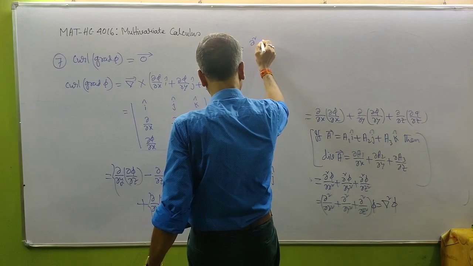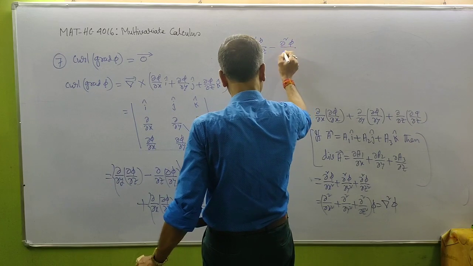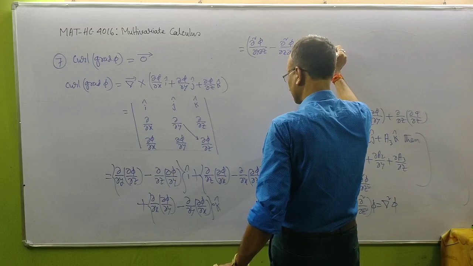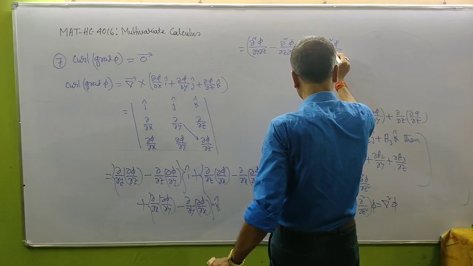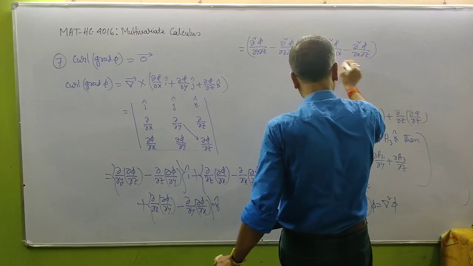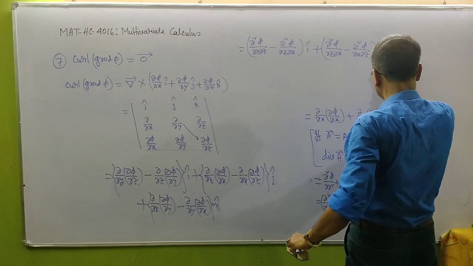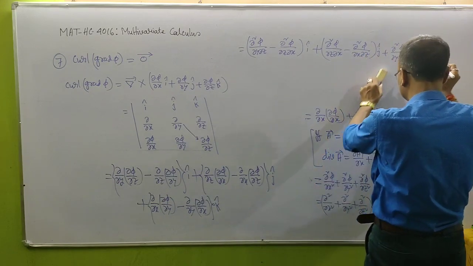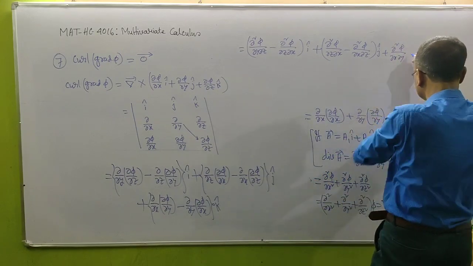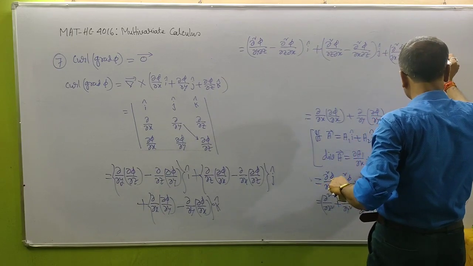equal to ∂²φ/∂y∂z − ∂²φ/∂z∂y times i cap, plus ∂²φ/∂z∂x − ∂²φ/∂x∂z times j cap, plus ∂²φ/∂x∂y − ∂²φ/∂y∂x times k cap.